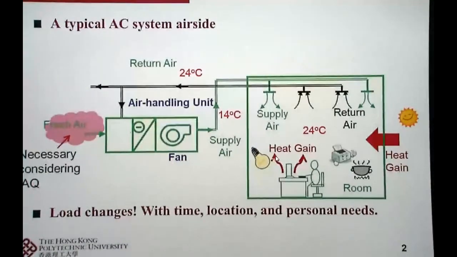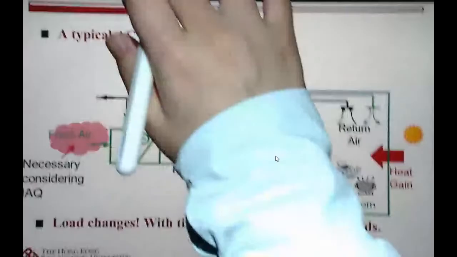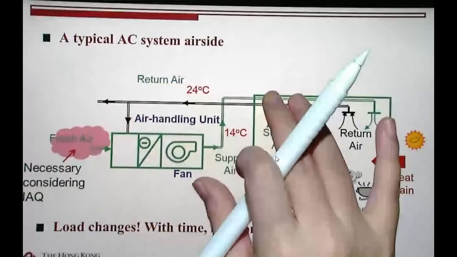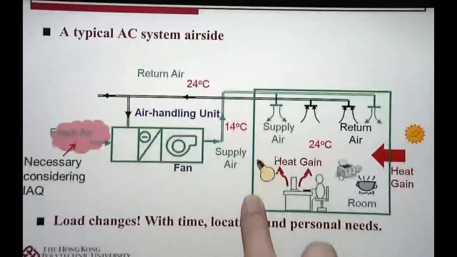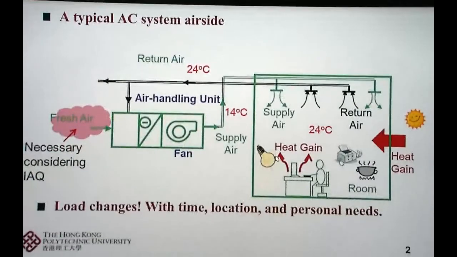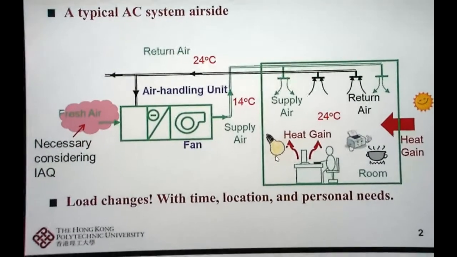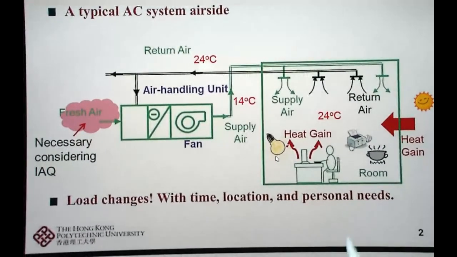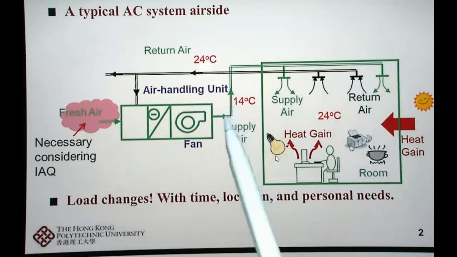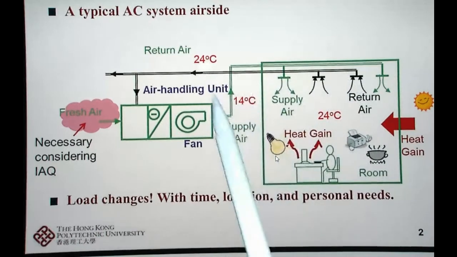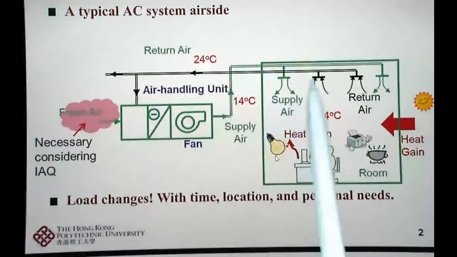As you can see, in the typical air side of the air conditioning system, we have supply air and return air, and the air will travel through the air conditioning system.